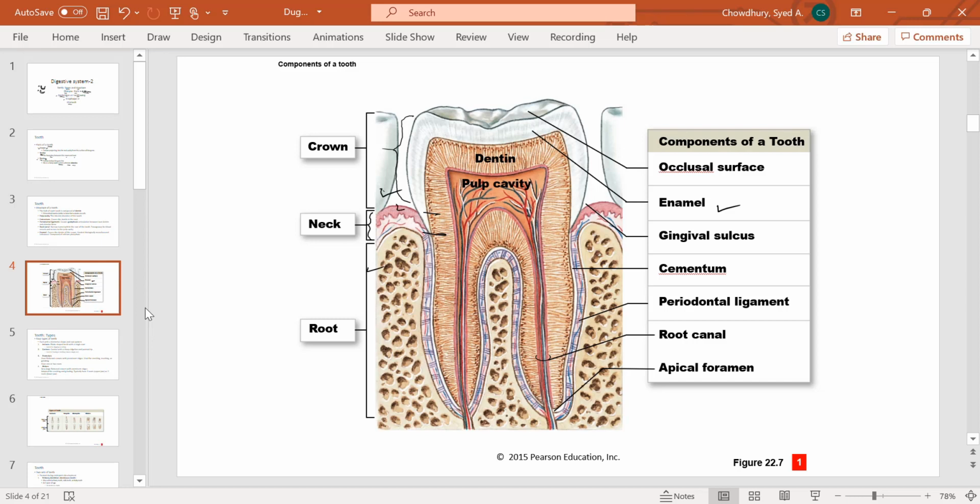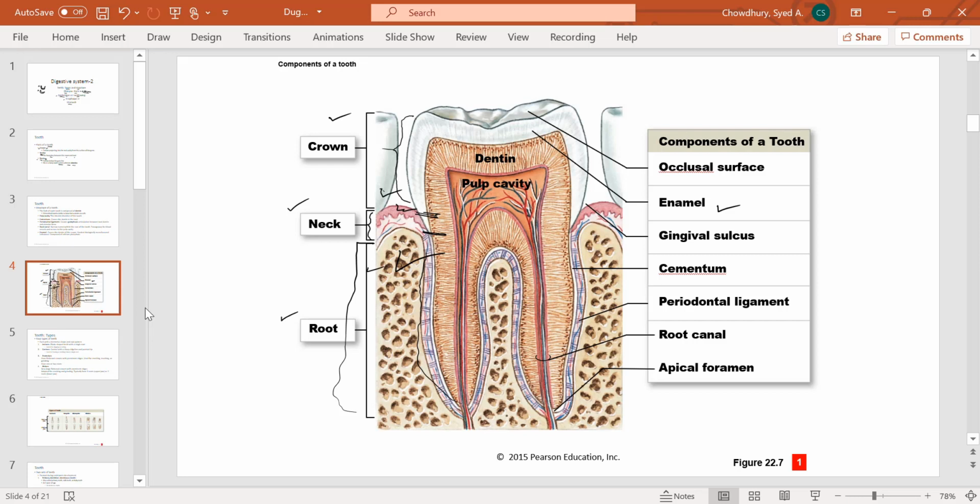You see, this is the gum, so it is actually inside the gum. And then this is the bone, and this is the bony socket, and inside the bony socket this part is called the root of your tooth. So crown, neck, and the root is located inside the bony socket. Now those are the three parts of a tooth.